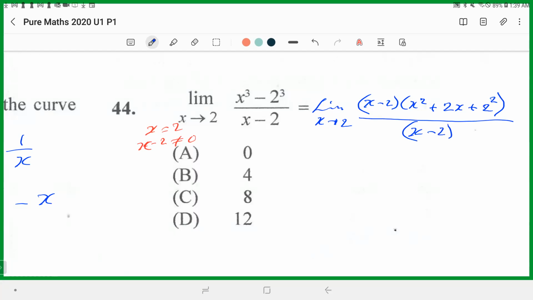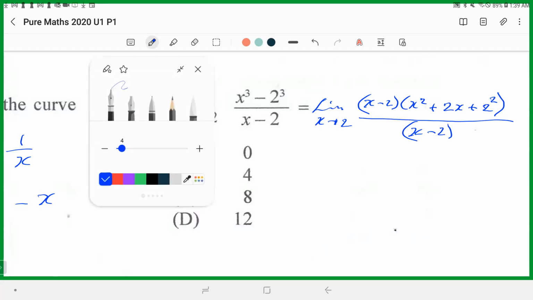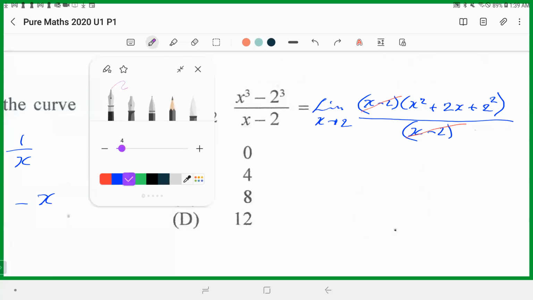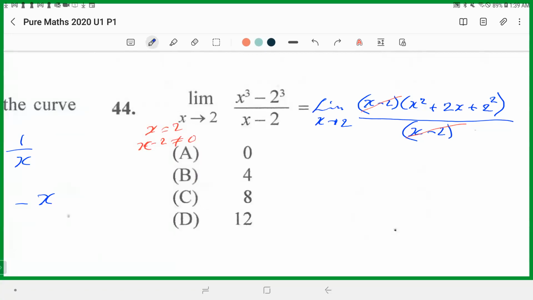Now these cancel each other, and we're left with this in the bracket. So I apply the limit of 2: I get 2 squared plus 2 times 2 plus 2 squared. That's 12.